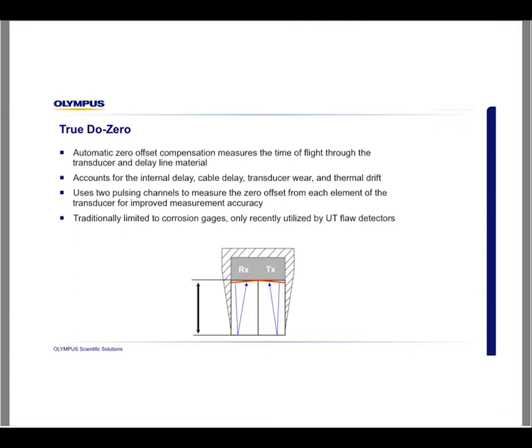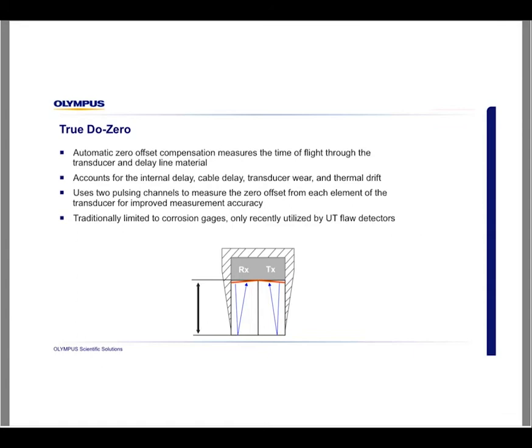So one of the side effects of having a plastic or composite delay line on the end of a dual transducer is that as you're using it, your transducer face can be slightly worn over time as you're passing it over corroded carbon steel. So as that transducer delay line is worn away, you can change the sound path slightly and lead to imprecise or inconsistent measurements.